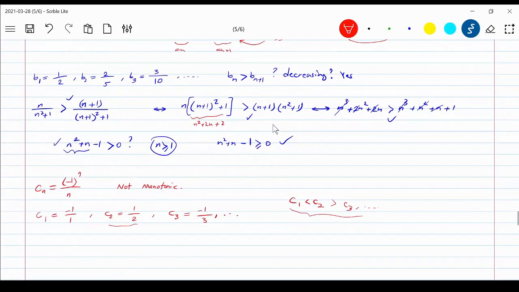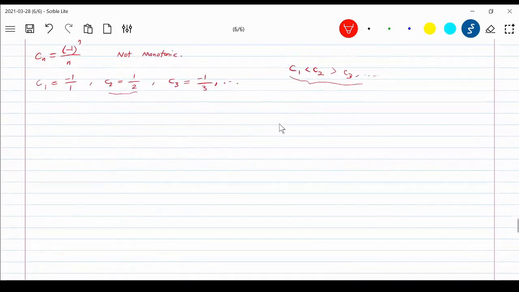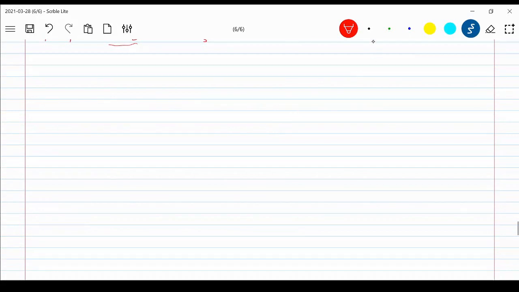Okay, so it is kind of important to know this. And what else we're going to talk about is a bit related to this structure. Let's say you know a sequence is decreasing, and we draw it this way.